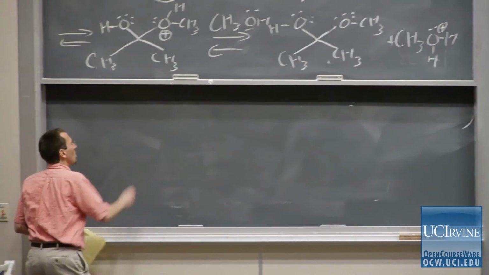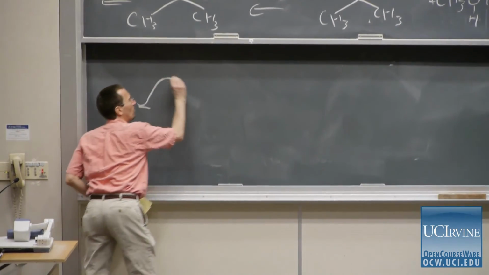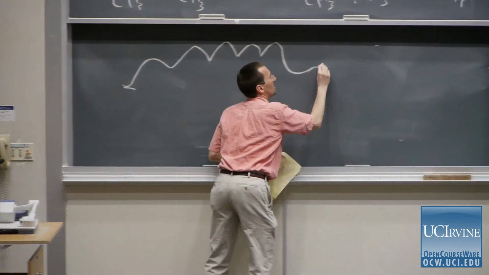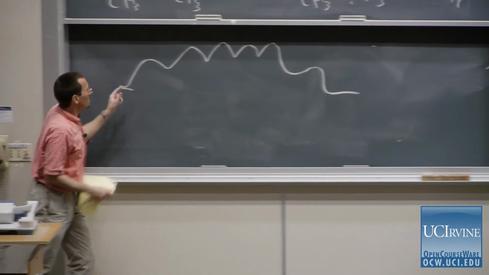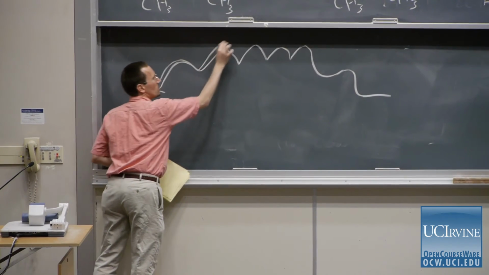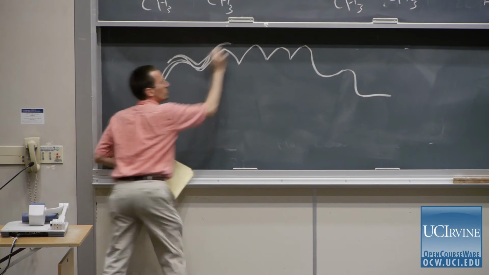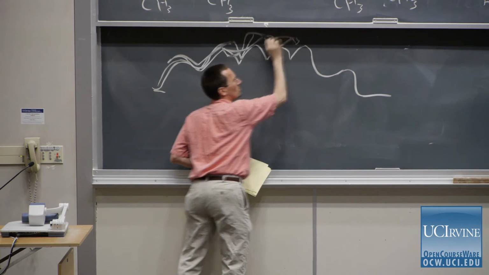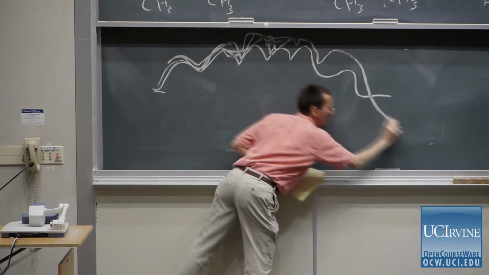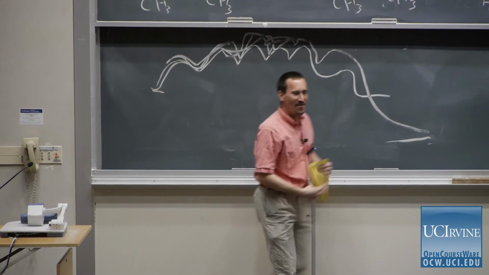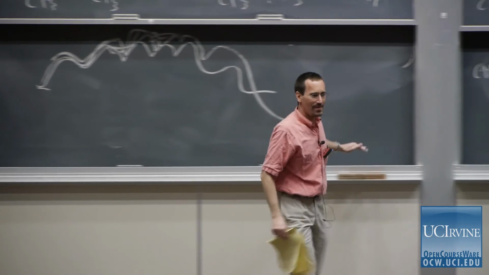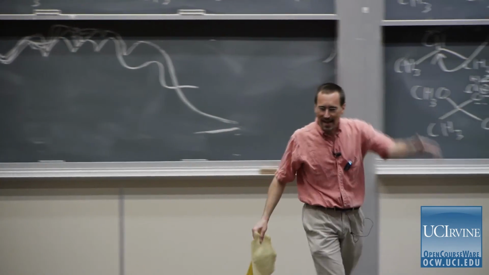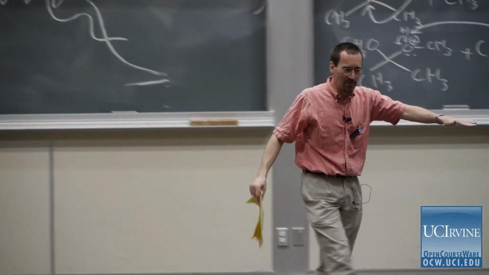So as we go over a pathway from reactants to intermediates to products, in general, if the reaction is downhill, eventually we end up there. And so indeed, that occurs along the reverse pathway.